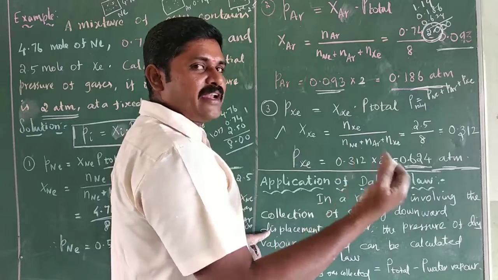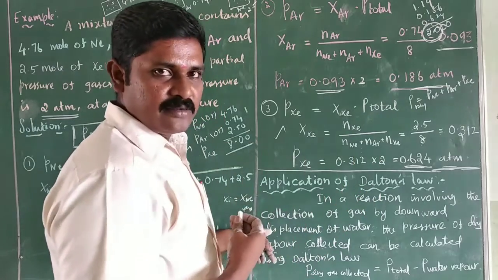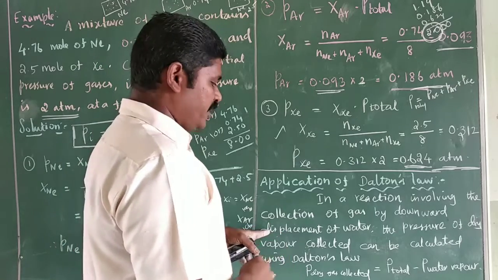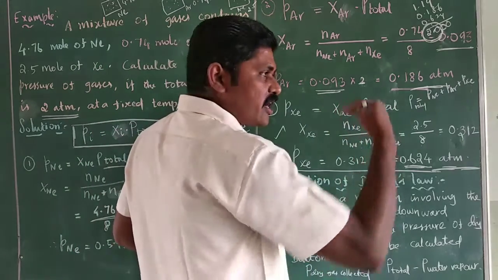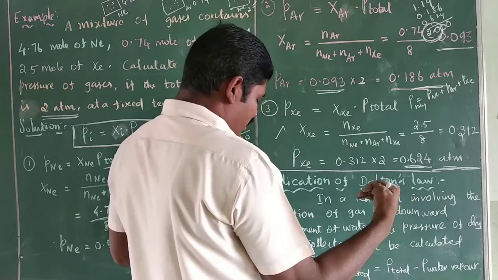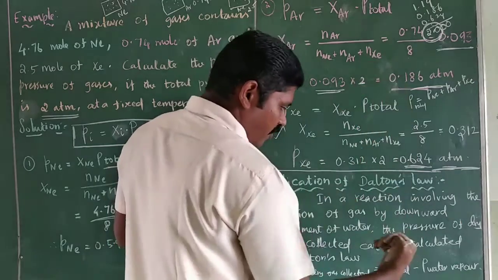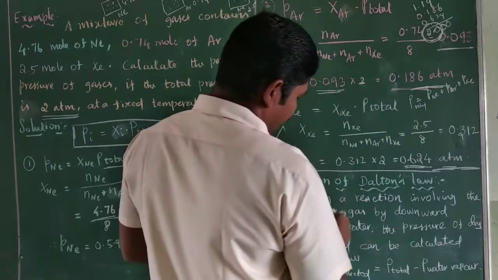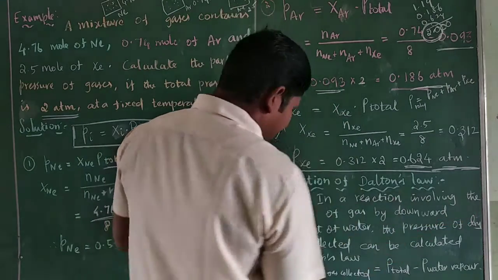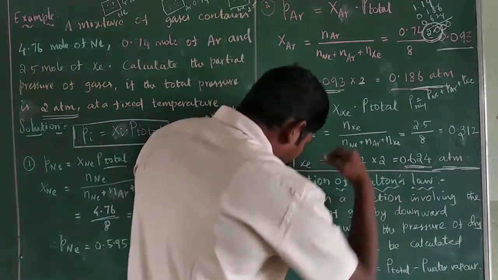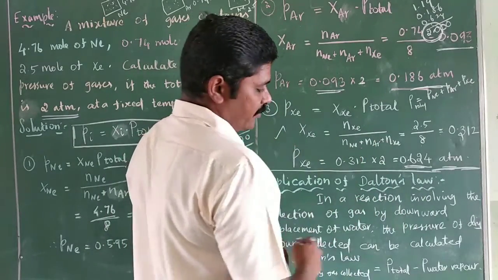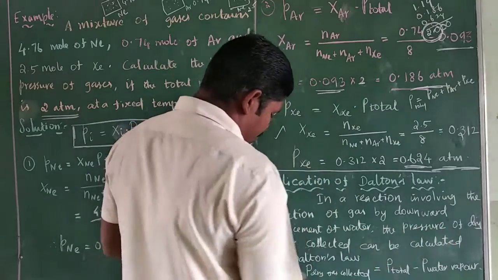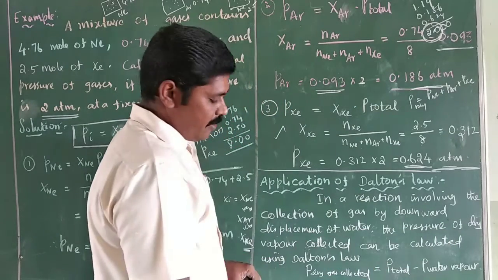So in laboratory preparation of hydrogen or oxygen, any one of the gas preparations, the gas is collected by downward displacement of water. In such a reaction, the pressure of the dry gas collected can be calculated using Dalton's law.